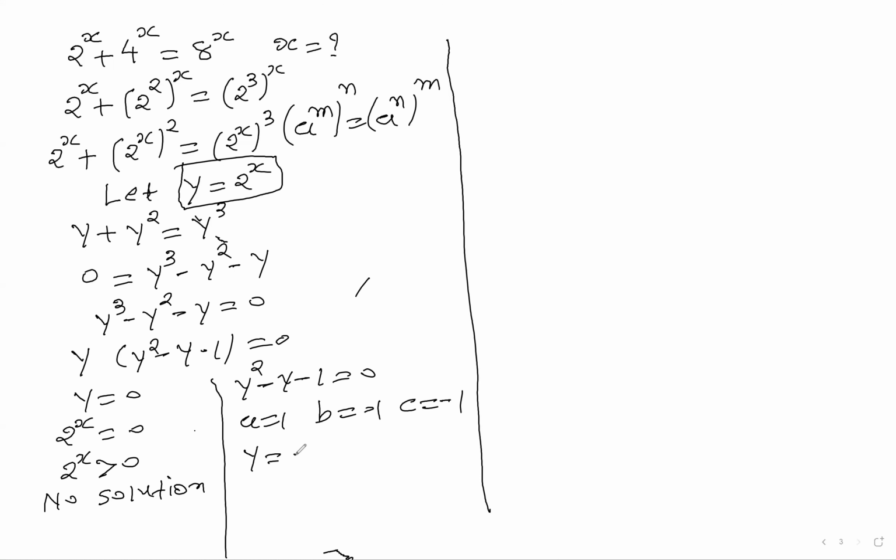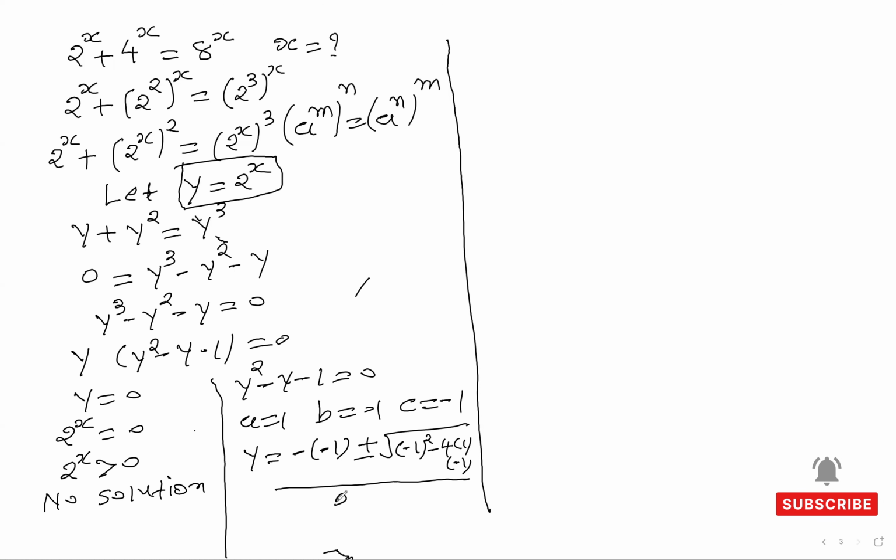So minus b will be minus and negative 1 plus and minus square root of b square, which is minus 1 square minus 4 times 1 times negative 1 over 2a, which is 2 times 1.